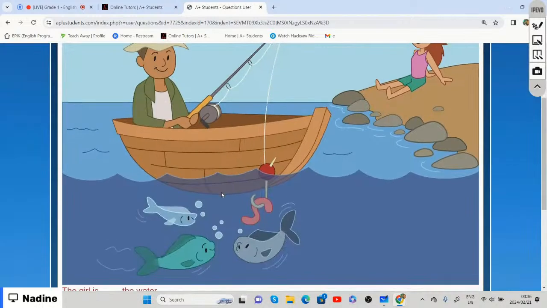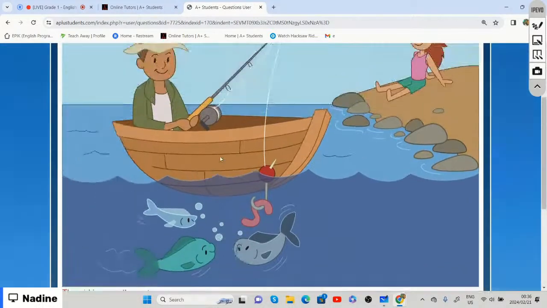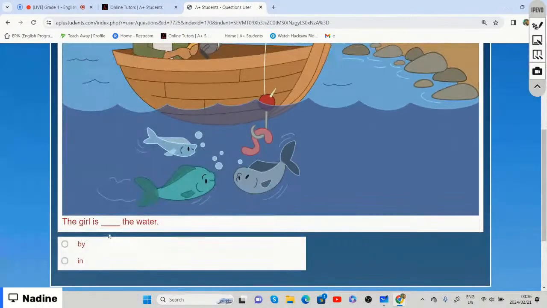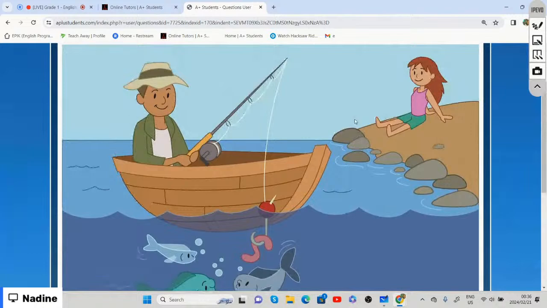All right, we need to say where the girl is. Is the girl by the water or is the girl in the water? So here's our girl sitting. She's sitting there outside on the rock or on the sand.